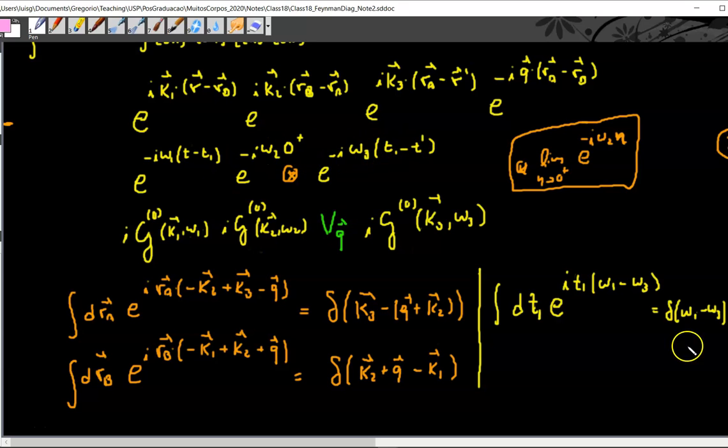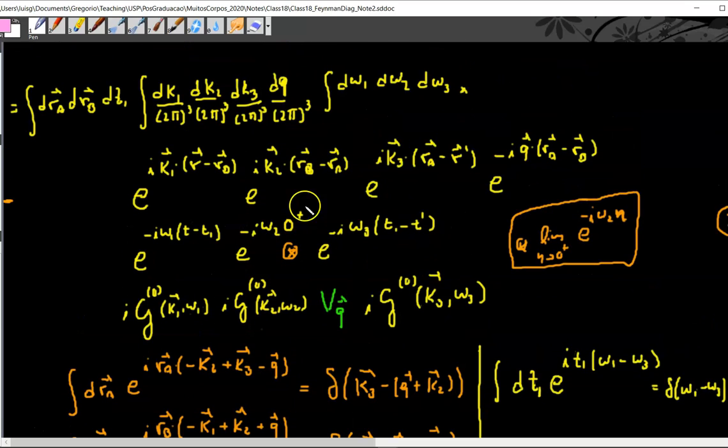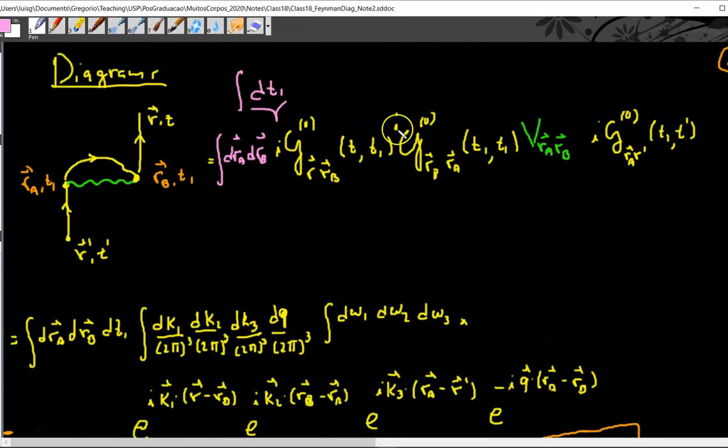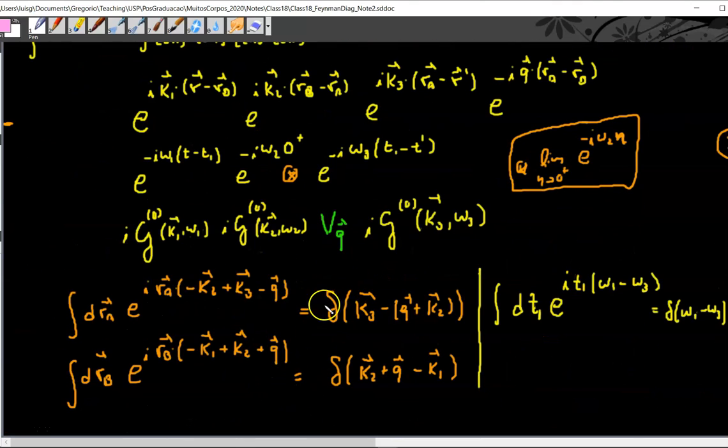If I collect the terms here, I'll have plus omega 1 and minus omega 3, so it gives me a delta of omega 1 minus omega 3. All right, so this big thing is just this contribution. And let's see what happens when we deal with these delta functions and put everything into place.